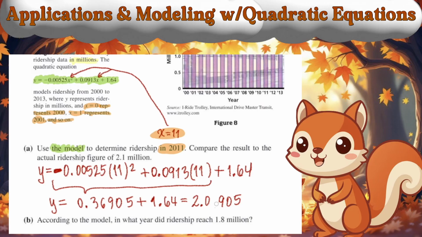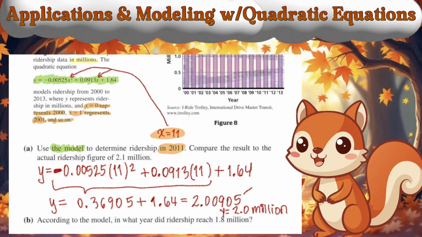Now, if I'm looking at how they're doing all of their rounding here, 1.8 million, 2.1 million, they're all going out one decimal place. So I'm assuming they want me to go out one decimal place. So it would be 2.0 million ridership, 2.0 million is the ridership in 2011.